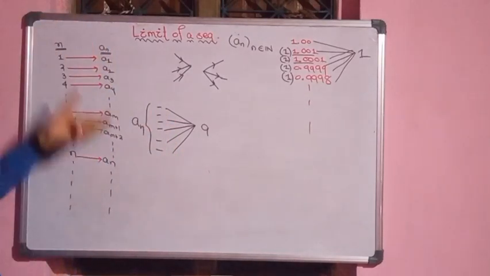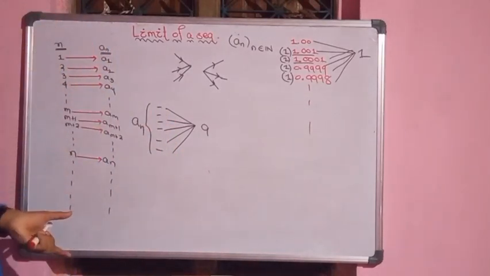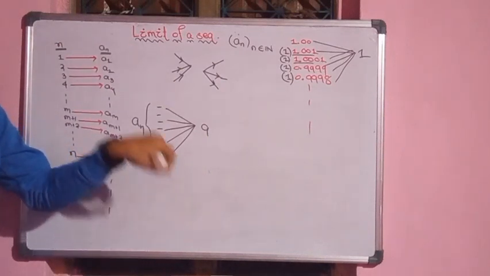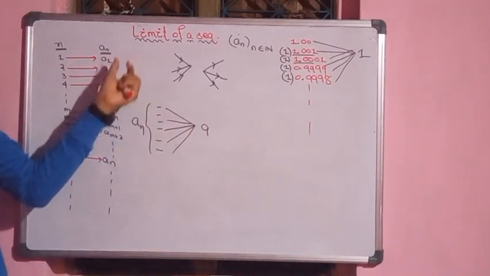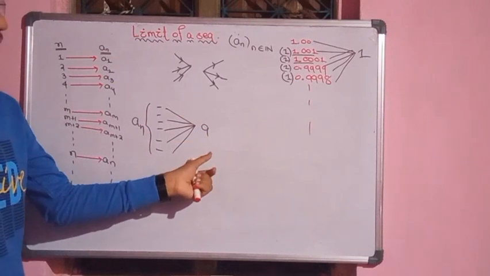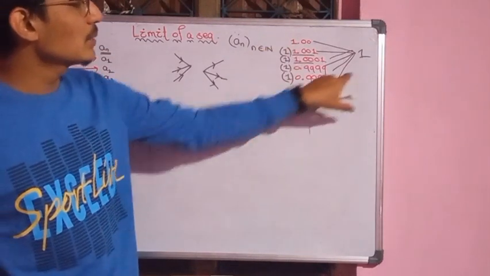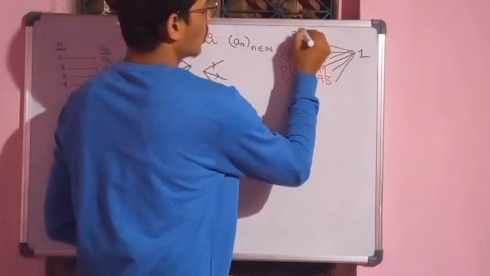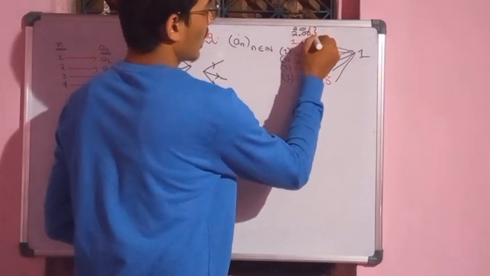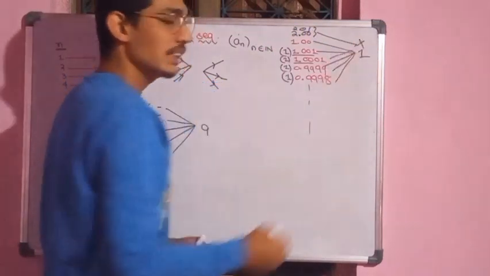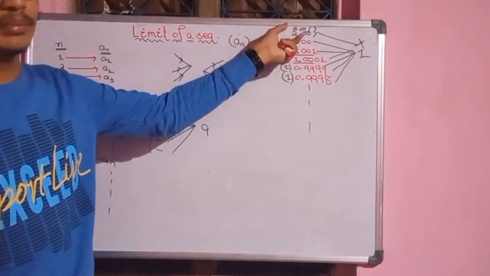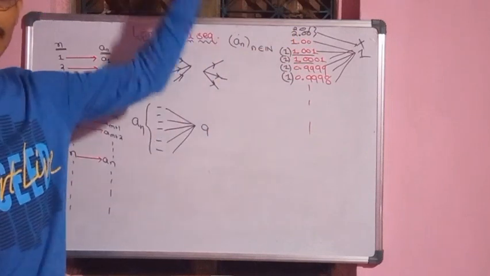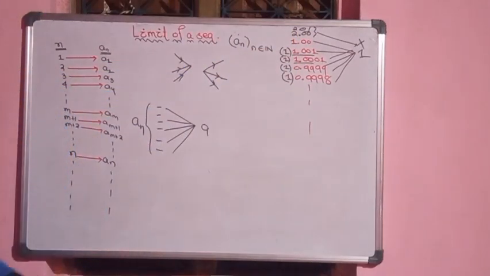Similarly, in a sequence there are infinitely many terms. If some terms are not converging, then it is also okay. Suppose there are some terms like 2, 2.01; these terms are not converging to 1. Then also it is okay. We can skip some terms, 10, 50, 100 terms, because there are infinite terms in a sequence.